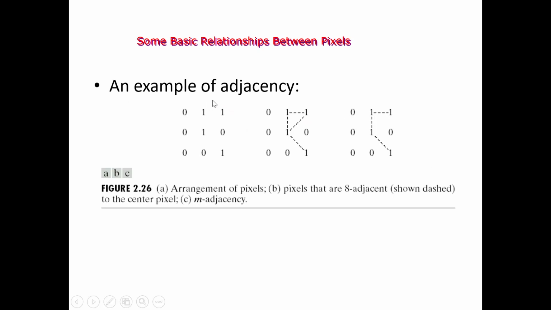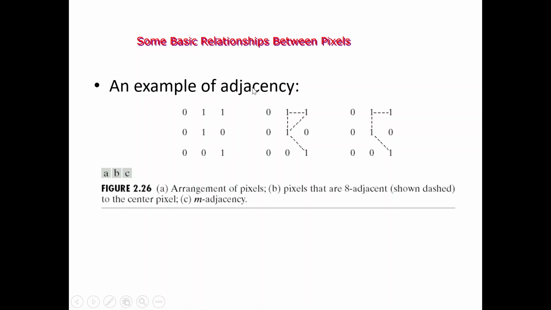This first one is given to you as an example, as input information, where a small matrix is given to you. First of all, the value of V should be given to you. So V is equal to 1.